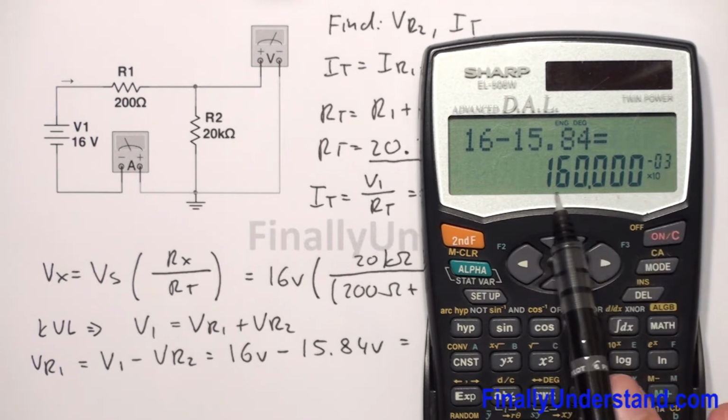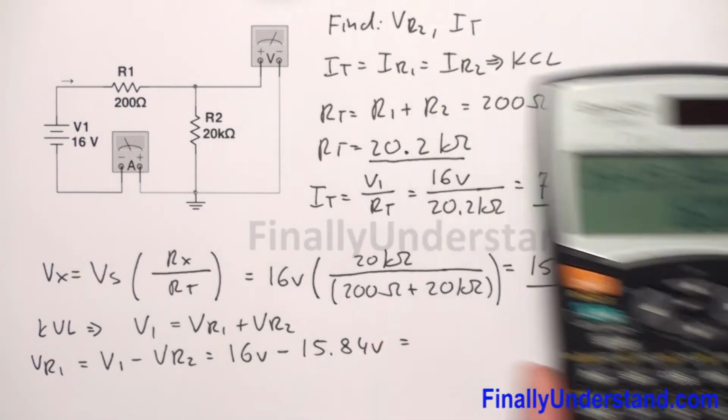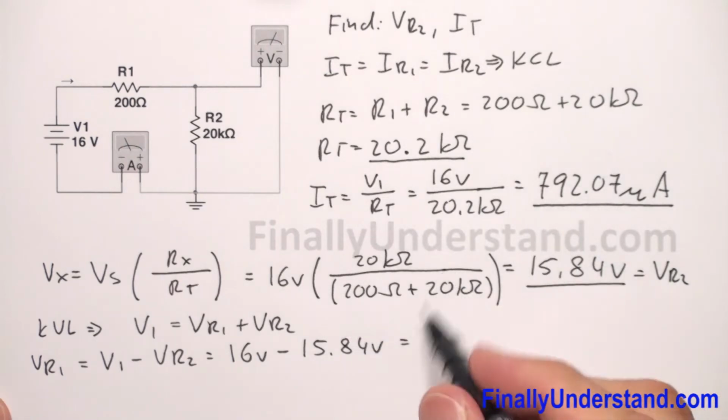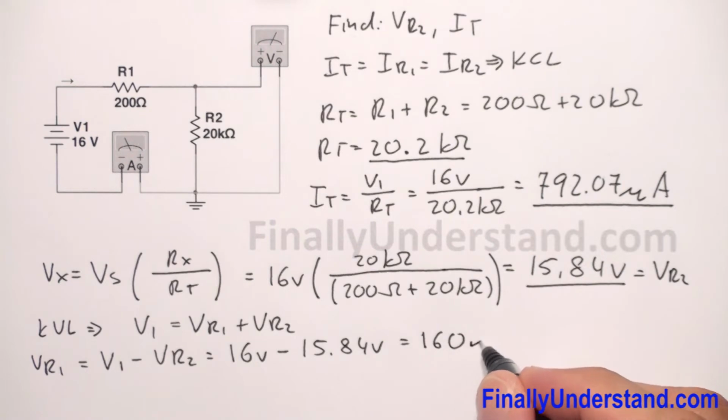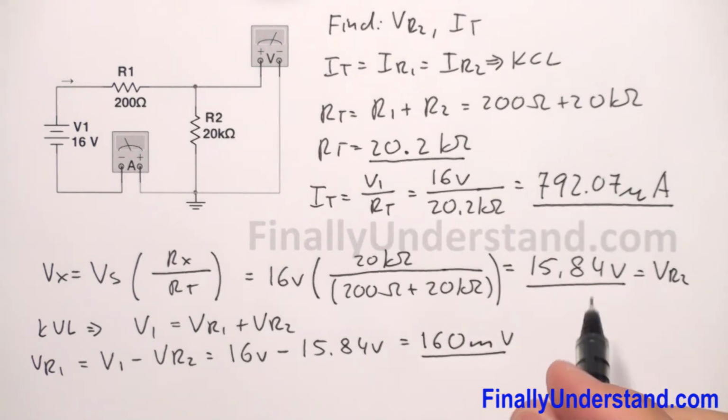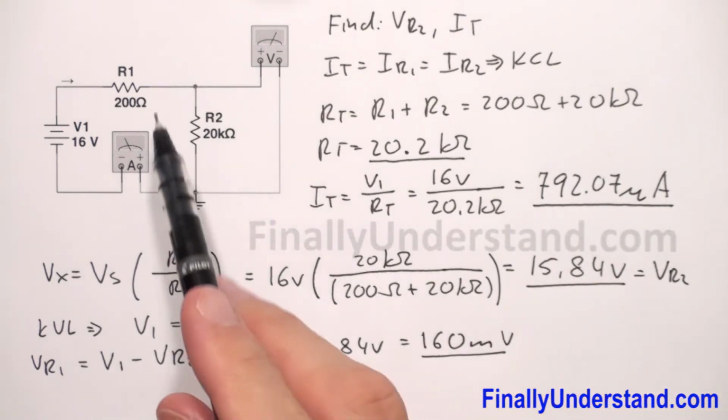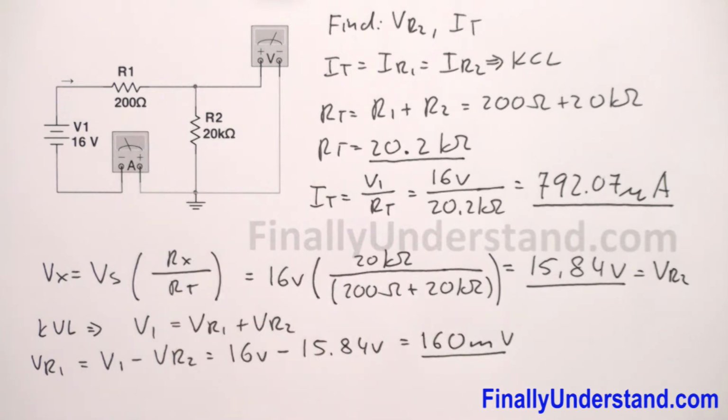So this is 160 millivolts, the voltage across resistor R1.